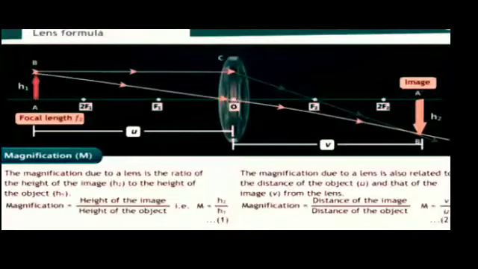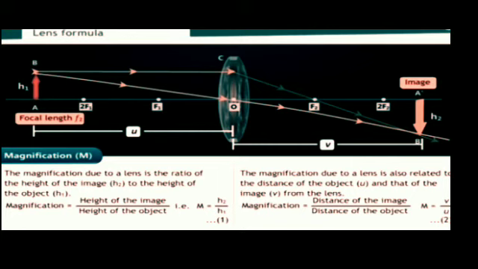Next is magnification. The magnification due to a lens is the ratio of the height of the image h2 to the height of the object h1. Therefore, magnification is equal to height of the image divided by height of the object. That is, m = h2/h1.